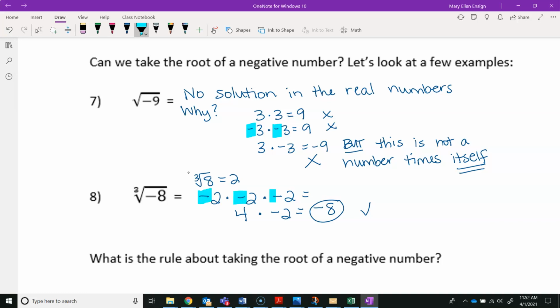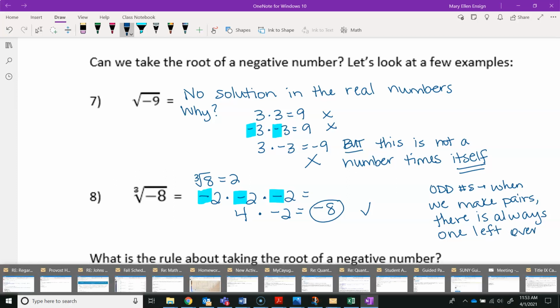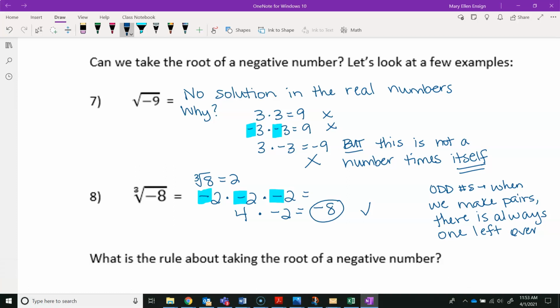Here, I had 3 negatives, and whenever I have an odd number of anything, no matter what it is, so odd numbers, when we make pairs, there is always one left over, right? If I have an odd number of people and I make groups of 2, there's always going to be one person left over. So that is an important idea here.